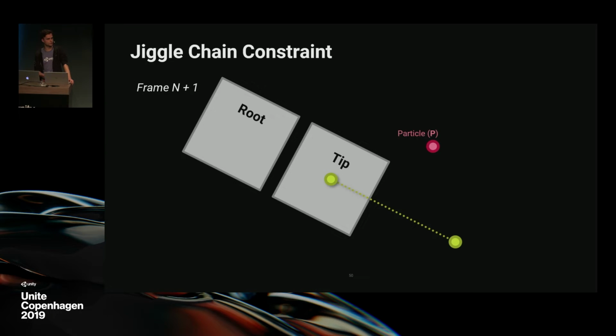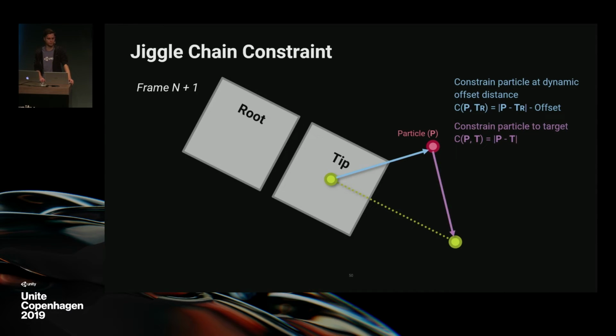The first constraint we apply to get our jiggle effect is a constraint that pushes the particle away to its initial dynamic offset distance. The second constraint we apply pulls the particle back to the desired target location. And because we're in charge of the simulation, we can add any number of external forces. For example, we can apply gravity or wind to our particle.